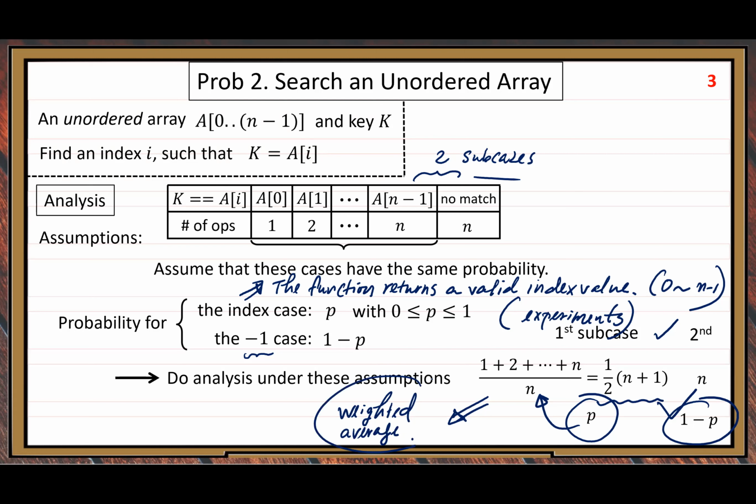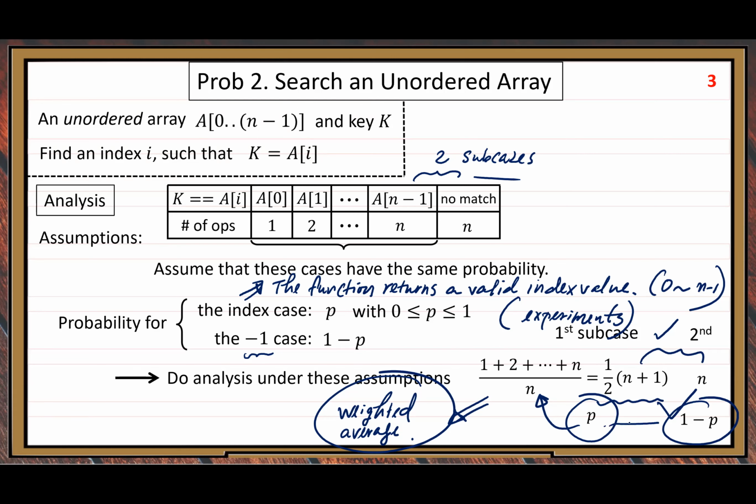So what's the weighted average? We need to associate different weights. When we combine these two average numbers, we need to associate these two numbers with appropriate weights.